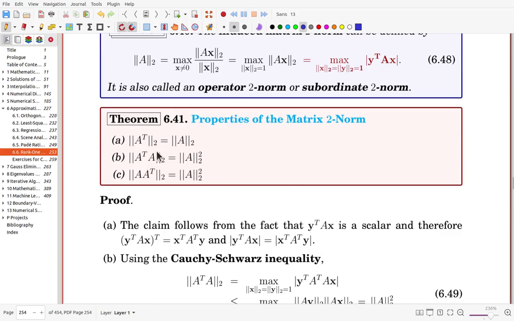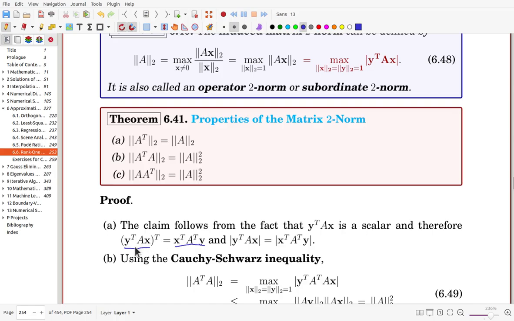We can prove this one quite easily by using the expansion. The A transpose norm is the same as the A norm. Okay. If we use that expansion, then we can use it in this way. This one is a scalar, so its transpose is given in this way, but this term and the original inside this parenthesis must be the same.